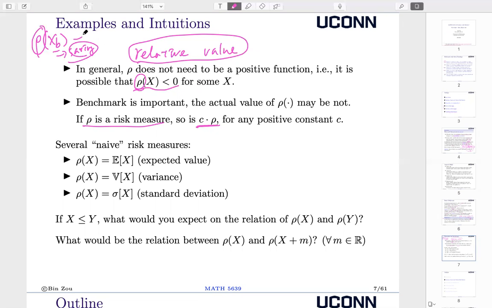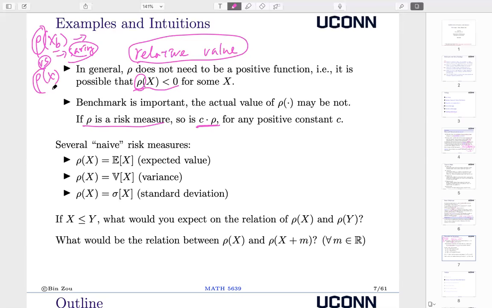This will give you a value, right? You can think of this as a benchmark, and then you compare whatever risky opportunity you have, right? You compare this with rho of X. Then you get a better idea how risky your position is, right? Because we think a saving account is very safe, right? So there's no risk of default. 1% return is guaranteed.